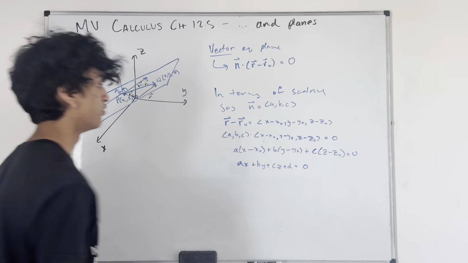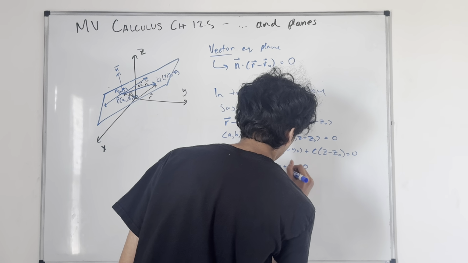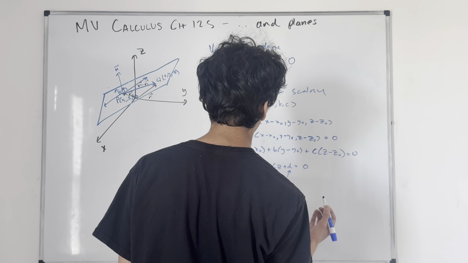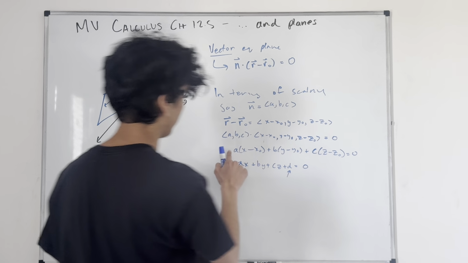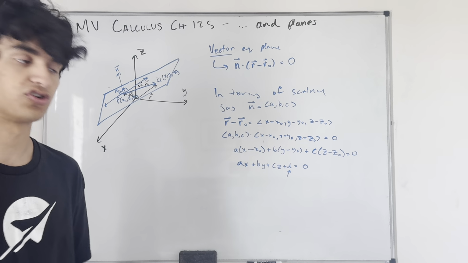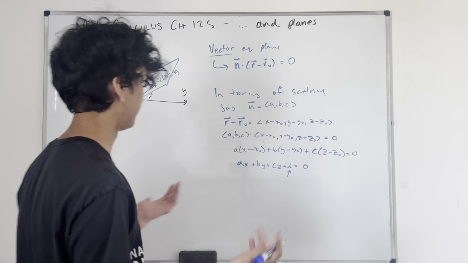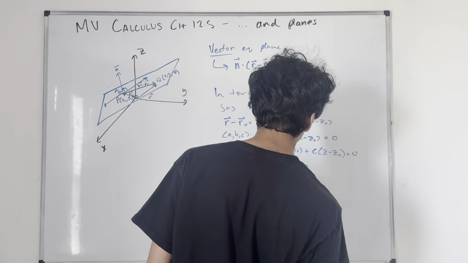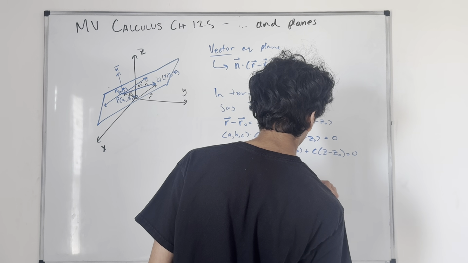What is d? It's all of my constants, because x initial, y initial, z initial are just constants. So d is negative a x initial minus b y initial minus c z initial.